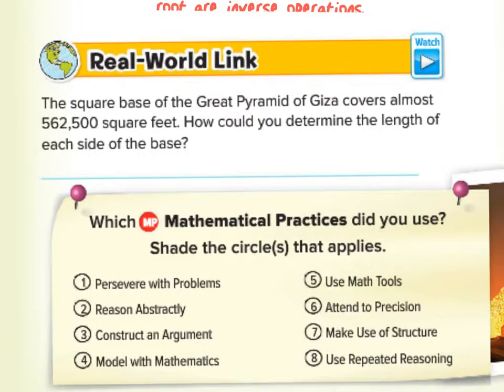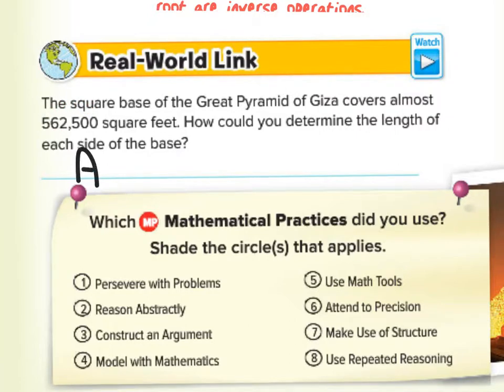Let's look at a real world link. The square base of the Great Pyramid of Giza covers almost 562,500 square feet. How could you determine the length of each side of the base? Well, this is the area, and to find area, you must multiply the length times the width.